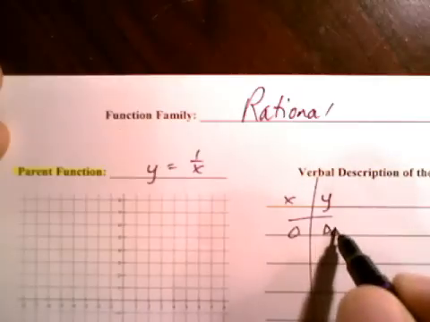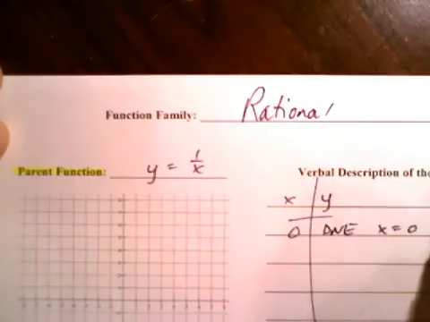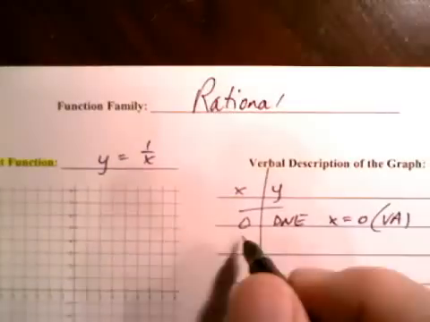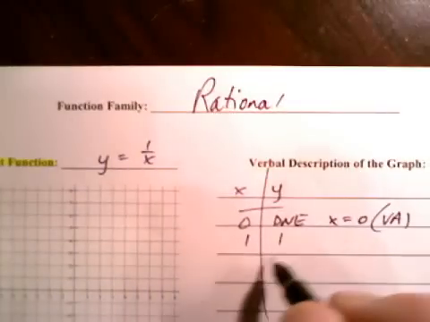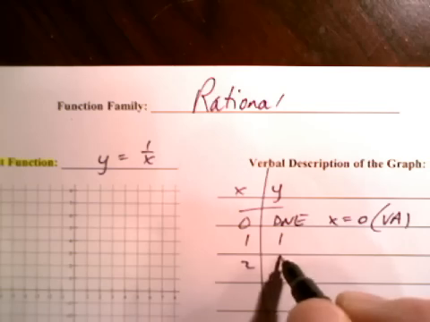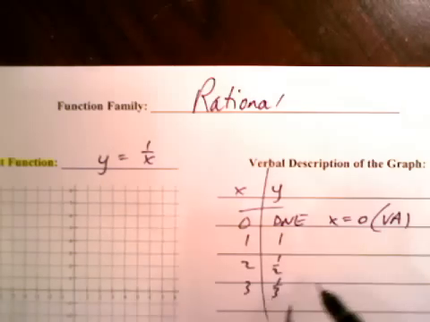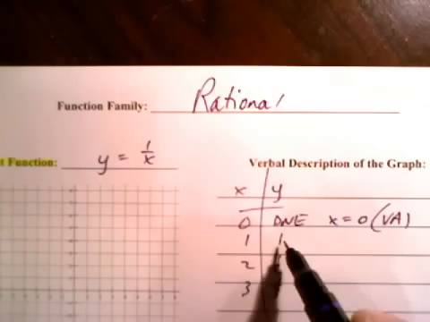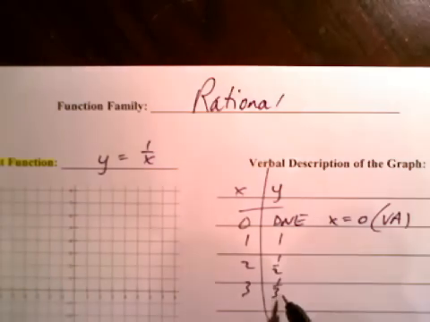That does not exist. In fact, x equals 0 is a vertical asymptote. Let's pick 1. So x equals 1, we get 1. x equals 2, we get 1/2. 3, we get 1/3. So you can see as x gets bigger, y gets smaller, but still positive.